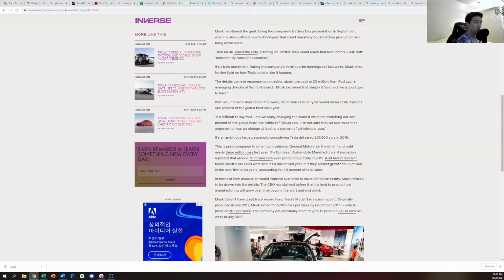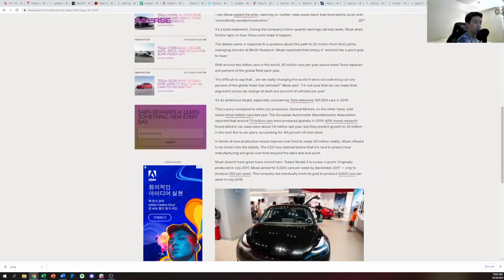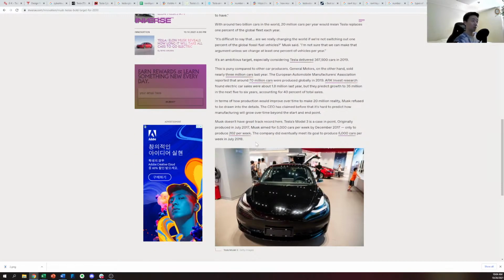ARK Research found electric cars at 1.8 million predicted to grow to 35 million in the next 5 to 6 years, accounting for 40% of total sales. In terms of how production would improve over time to make 20 million a reality, Musk refused to be drawn into the details. Unhelpful. The CEO has claimed before that it's hard to predict how manufacturing will grow. Hence why we tried to do that at the beginning and had some challenges there. Musk doesn't have a great track record. Yep.